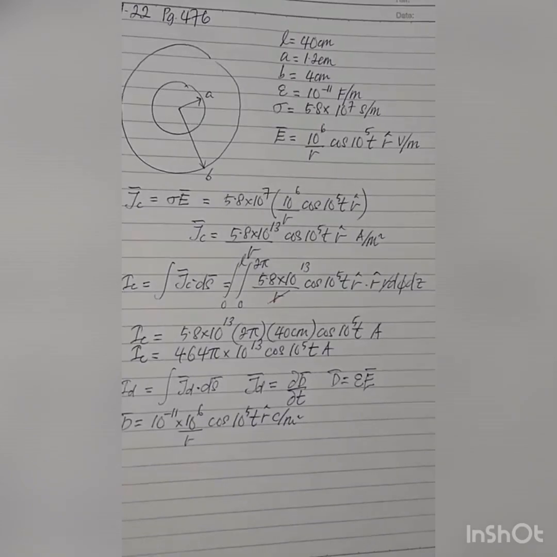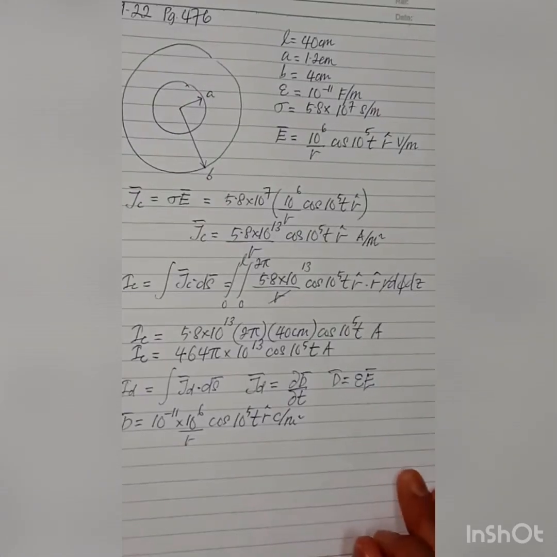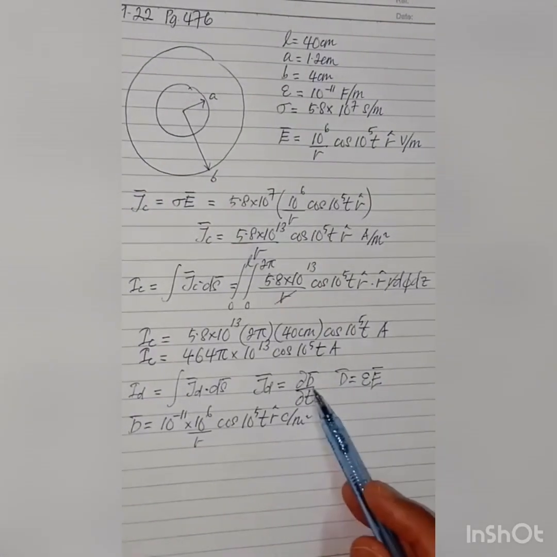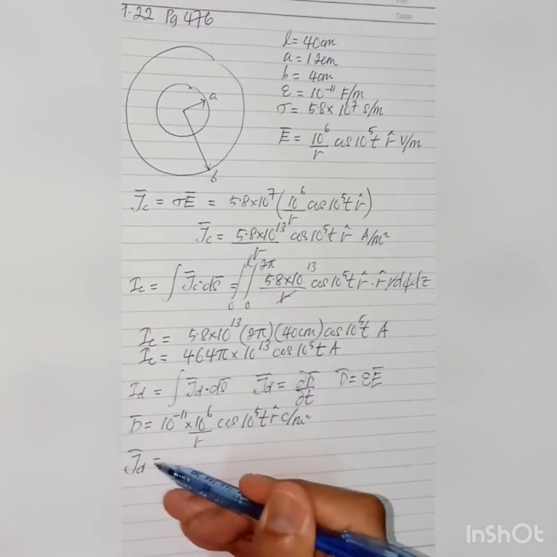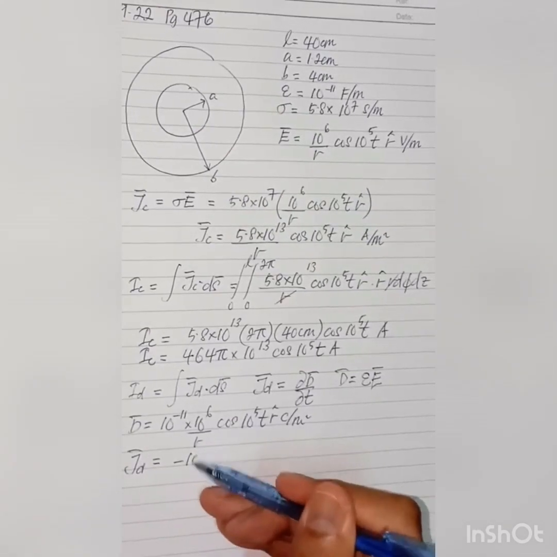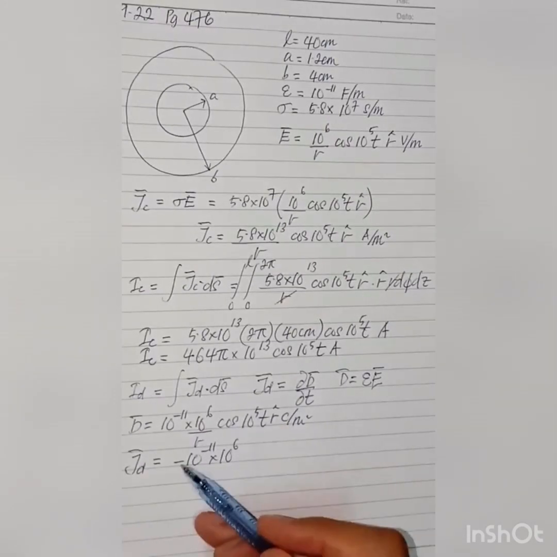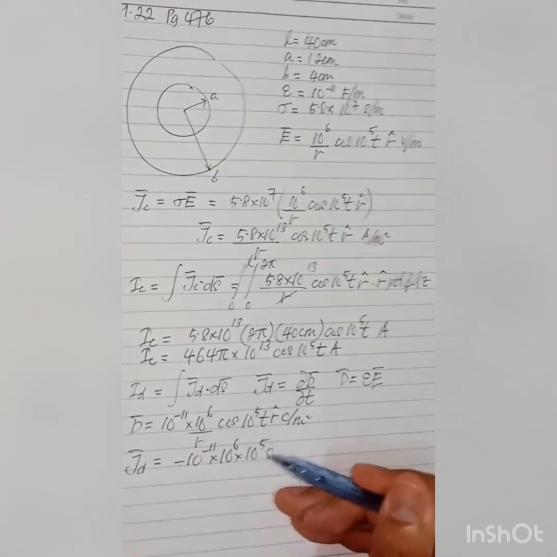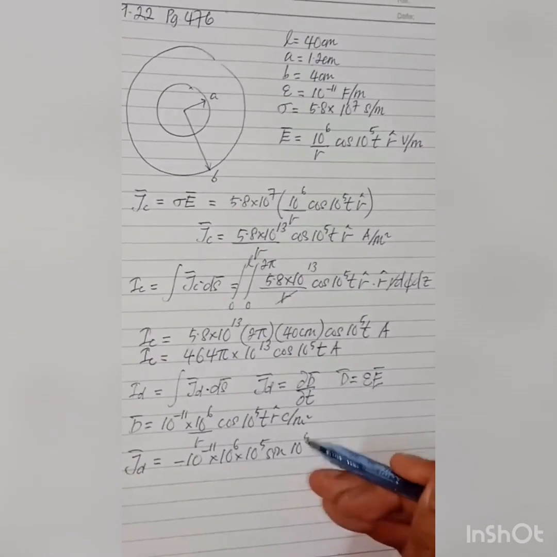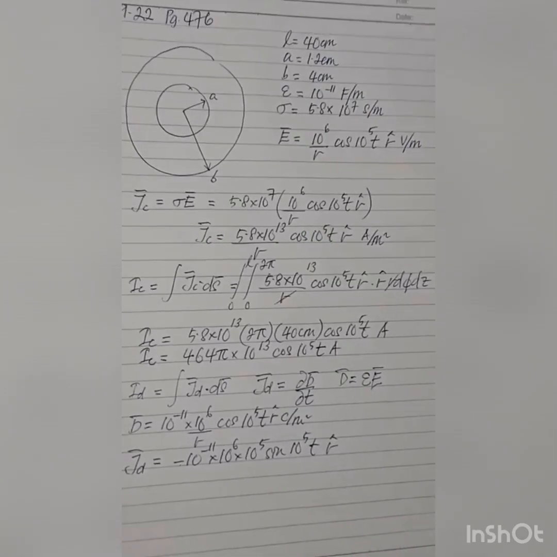Alright, and then unit of coulomb per meter squared, and then it should also be in r component. Alright guys, so that's our D. So now let's differentiate with respect to t, the dD over dt, to find the JD. So now I have 10 power of minus 11, 10 power of 6, and then differentiate the cos, gonna have a negative sign, and this brings in front 10 power of 5, sine 10 power of 5 t, r component and over r.